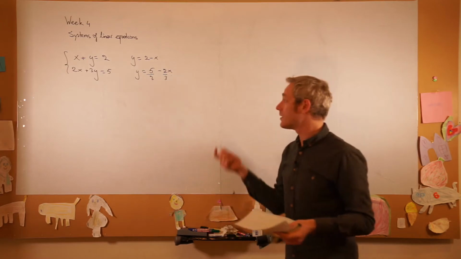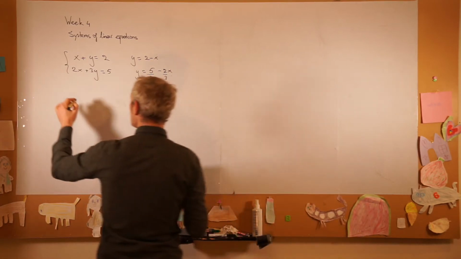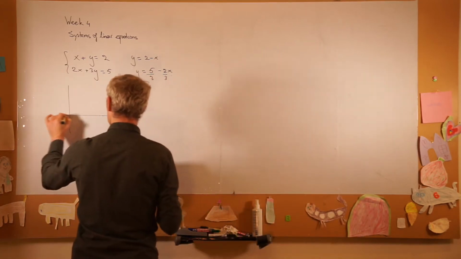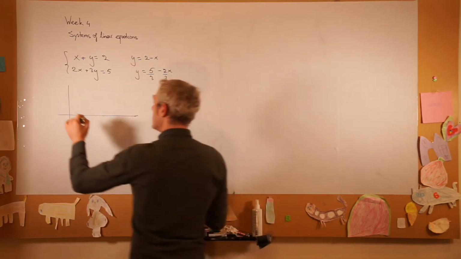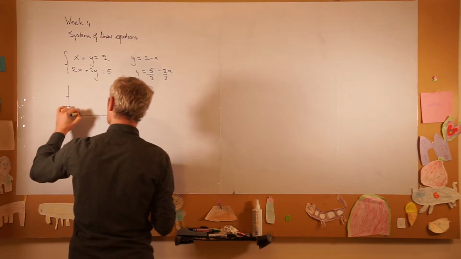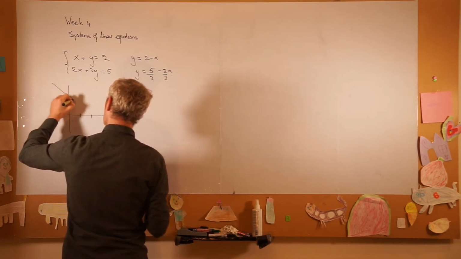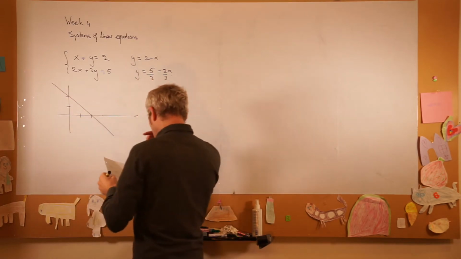And these two lines can be visualized. So the first line, y is 2 minus x. That's an easy one, 1, 2, 1, 2, and that is this line.